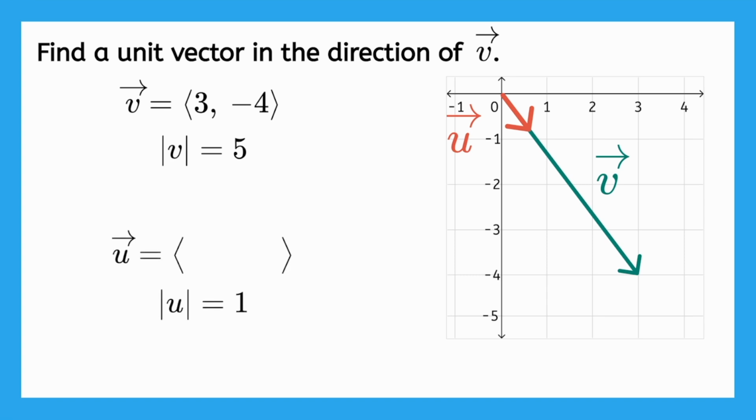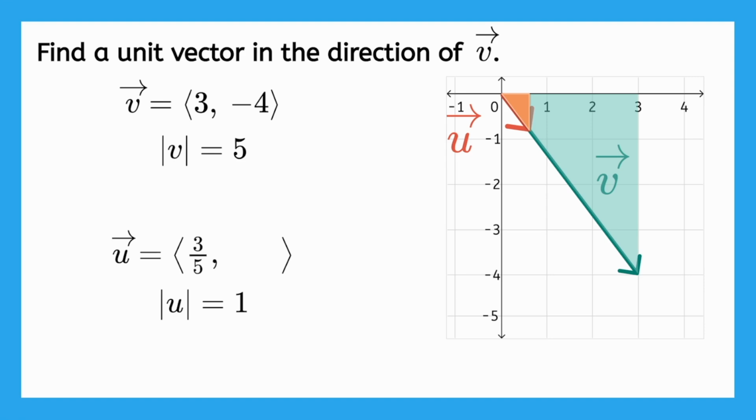This concept makes me think of similar triangles. What scaling would we need in order to change this 3, 4, 5 triangle so that its hypotenuse measures 1? Right! We need to scale the whole triangle down by a factor of 5. That means we need to multiply each component by 1/5, so the horizontal leg, which corresponds to our horizontal component, will be 1/5 as long, or 3/5.